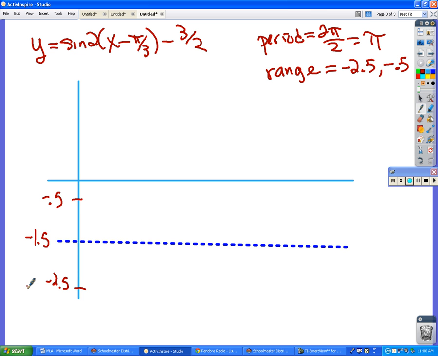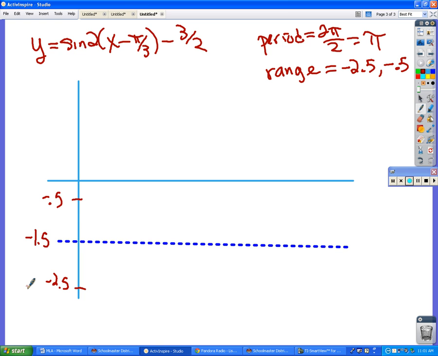And that has some fun name, some axis of something. So this is kind of going to act as our x-axis, even though the x-axis is really up here. Does that make sense? So we know that it's going to be bouncing around like that.